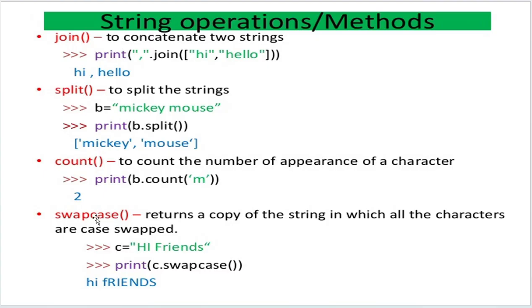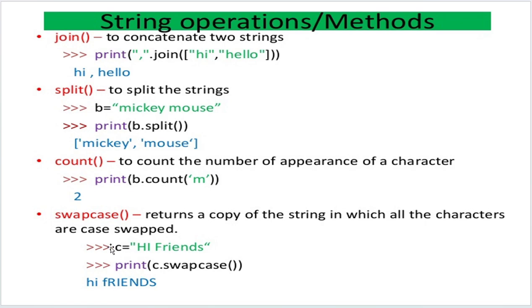Next function is swapcase. Swapcase is nothing but it is going to alter the cases, which means that if the characters are present in uppercase, they will be converted to lowercase characters, and if they are present in lowercase, they will be converted to uppercase characters. An example has been given here. Check it out. C is equal to hi friends.